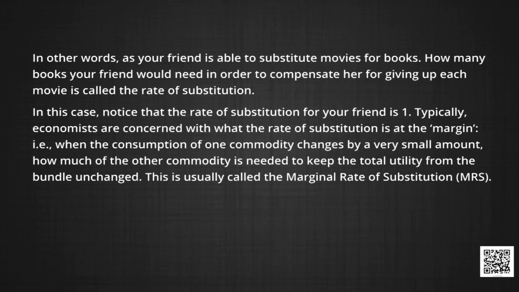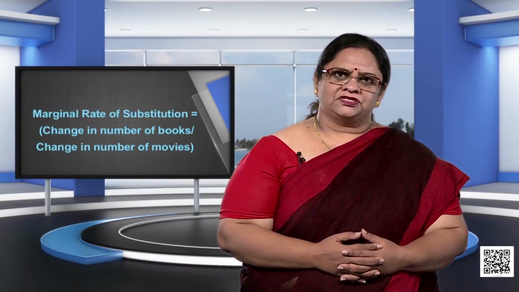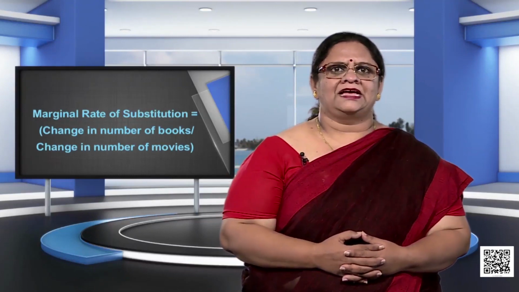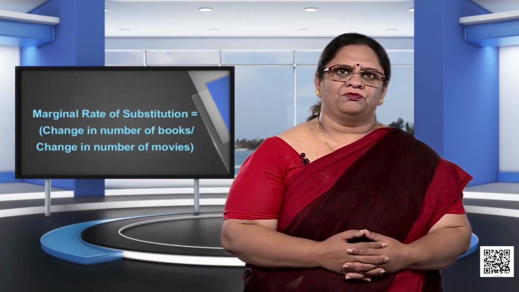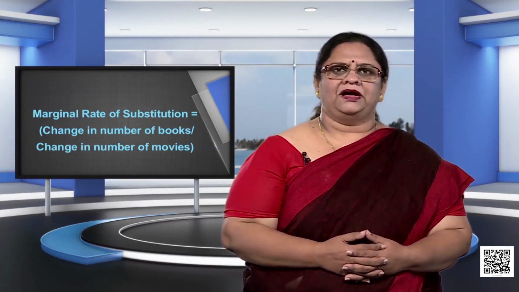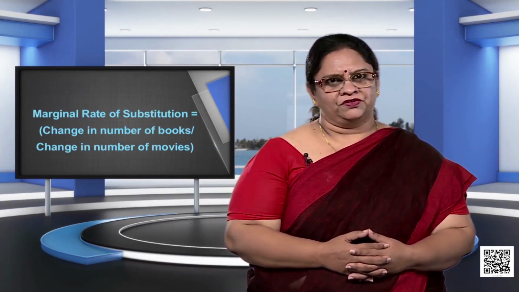That is, when the consumption of one commodity changes by a very small amount, how much of the other commodity is needed to keep the total utility of the bundle unchanged. This is usually called the marginal rate of substitution. The marginal rate of substitution is defined as the change in number of books divided by the change in the number of movies.